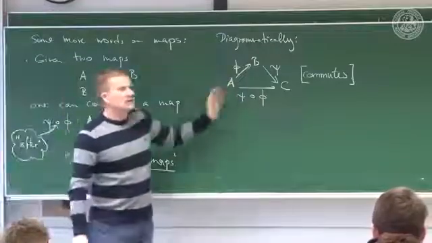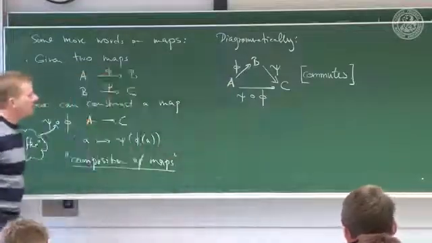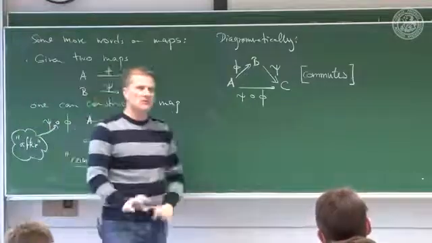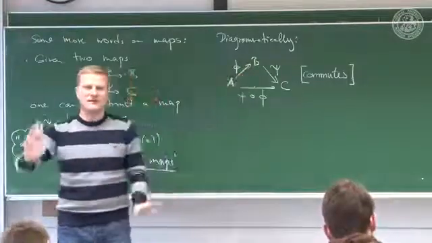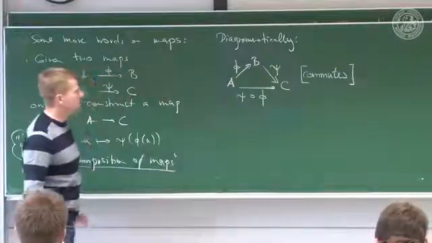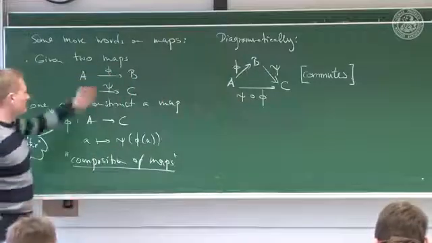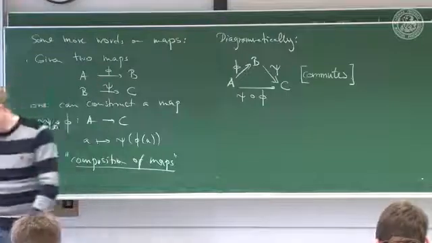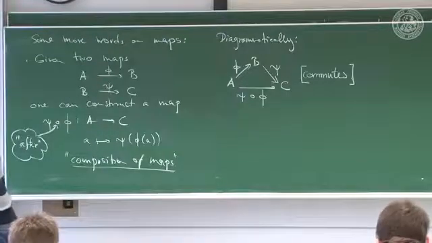And well, this might seem overkill as a notation, but we'll later on meet situations where many maps go from many places to many other places, and then actually these diagrams are much more convenient than writing down the data in the traditional way.